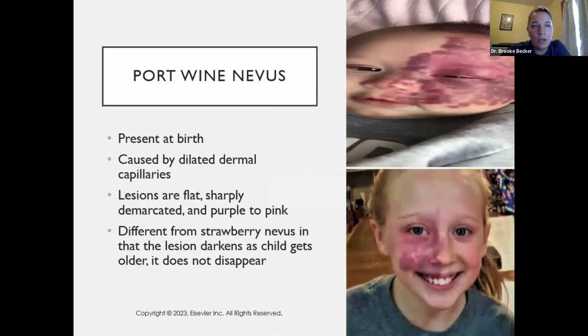Port wine nevus or port wine stain, you've heard that called. This is going to be present at birth. This is dilated capillaries in the dermal layer as well, but these lesions are going to be flat. They're going to have a purple to pink appearance, and usually it gets darker as the child gets older and it will not go away.